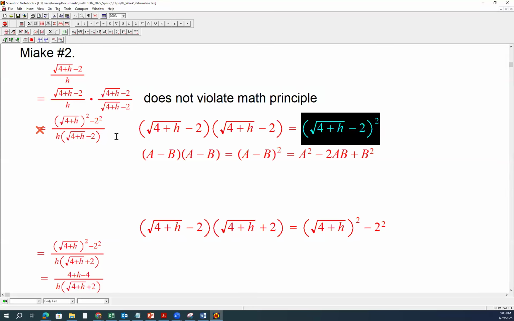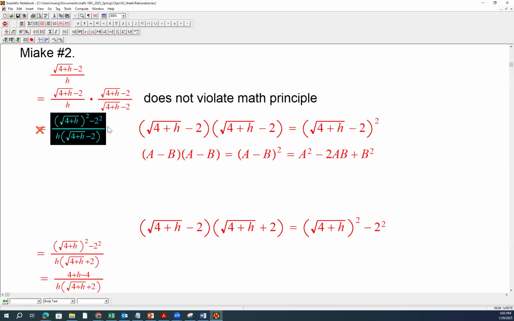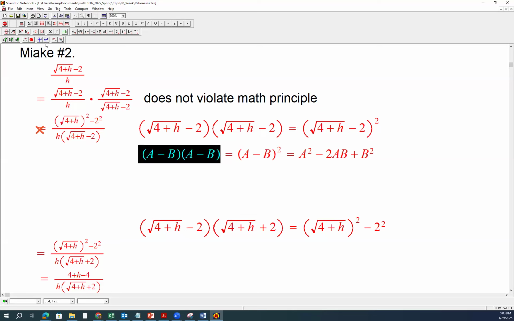That's why this step does not equal that step. However, a minus b multiplied by a plus b equals a squared minus b squared, which is the latter one.